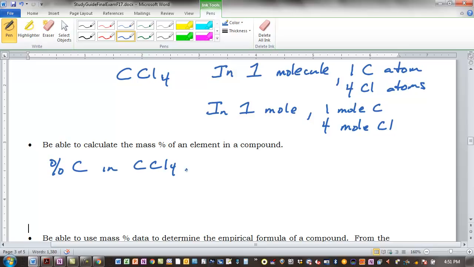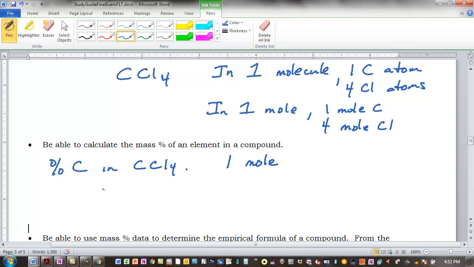Would we assume that there's 100 grams? That's coming. That's for the empirical formula. But we do want to make an assumption here of amount of substance, but it's different than 100 grams. Total mass of the compound, and then whatever you're looking for, in this case carbon. What mass are you calculating for that compound? Molar mass, okay? So in a sense, we are assuming we have 1 mole of that compound.